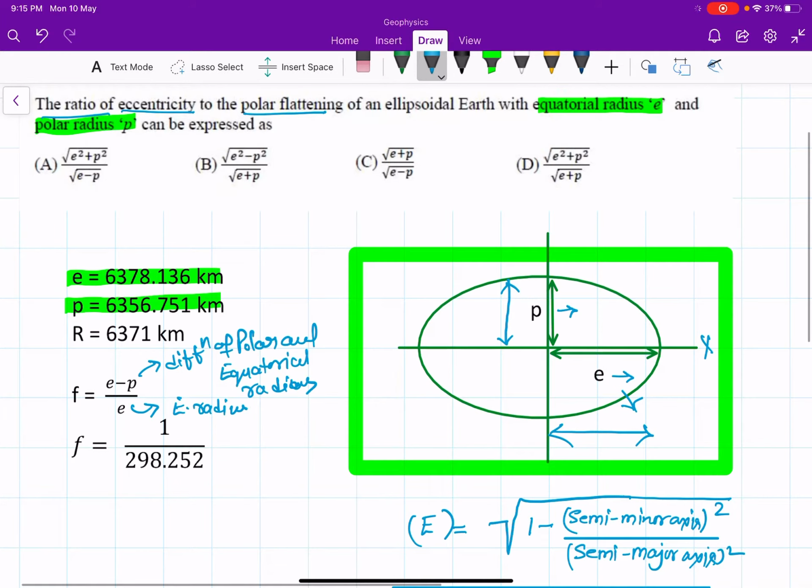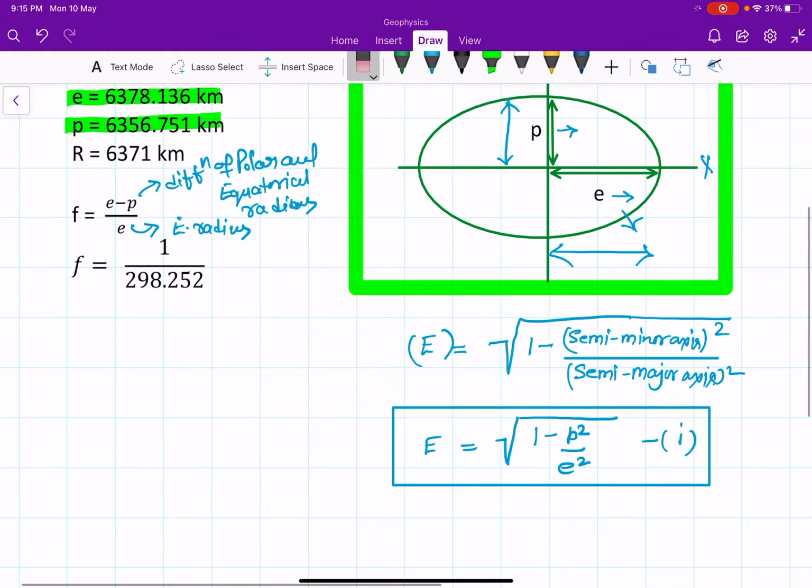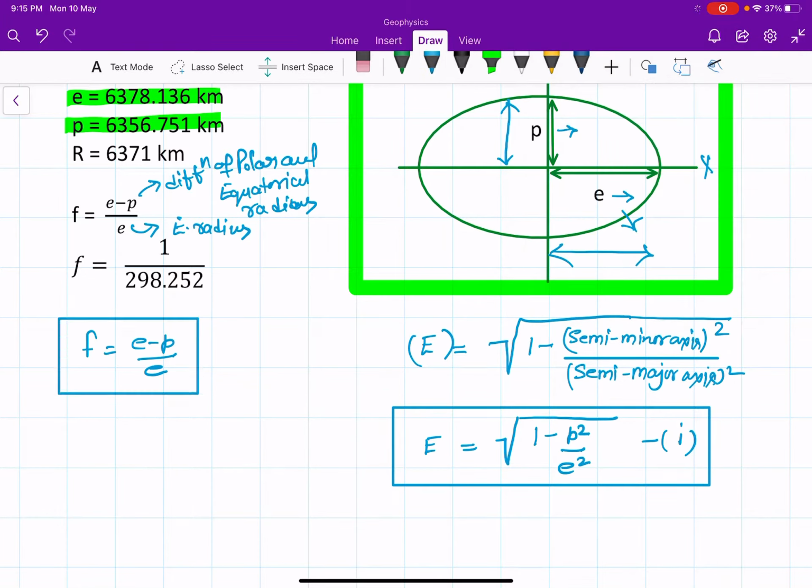The value is 1 divided by 298.252. So F equals 1 divided by 298.252. Here F is E minus P divided by E. We consider polar flattening as equation number 2.